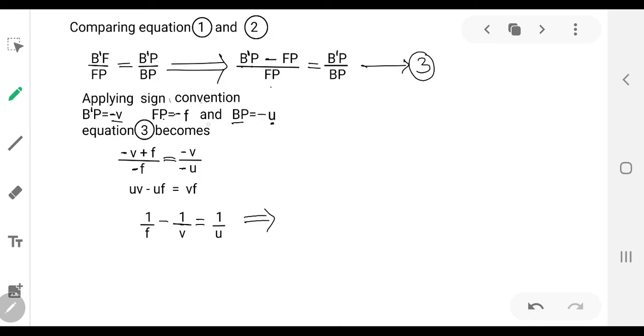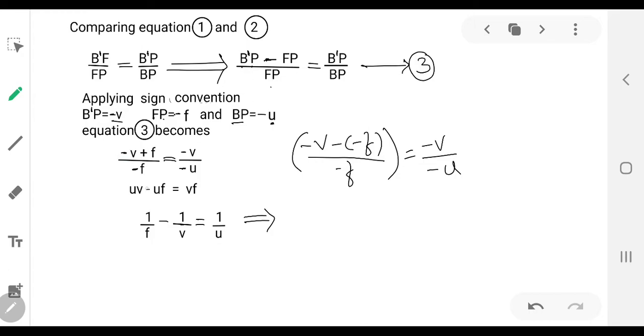So B dash P is minus V, minus of minus F, FP is minus F, is equal to B dash P, which is minus V, upon BP, which is minus U. Minus of minus becomes plus.